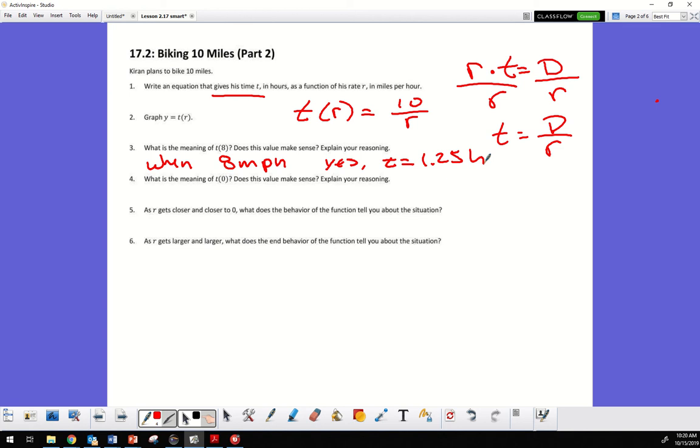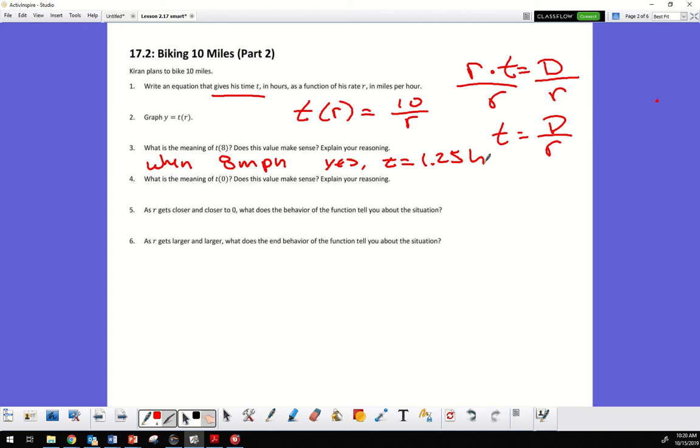Now, what is the 0 replacing? R. Okay, very good. It's replacing R. So now think about it. If R is 0, you're not moving, right? So if you're moving at 0 rate, how long is it going to take you to go 10 miles? Forever, isn't it? You're not going anywhere.